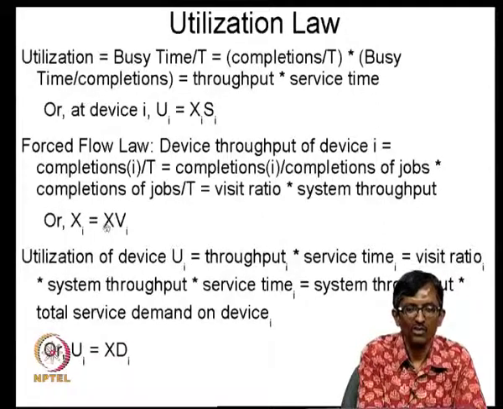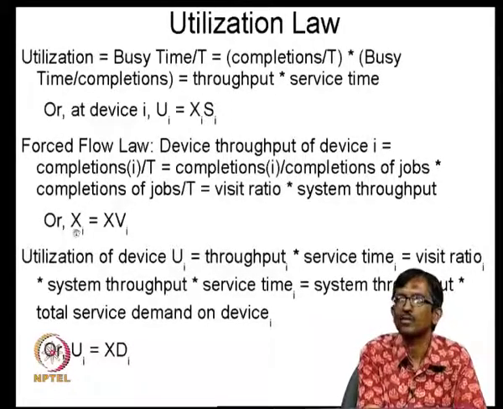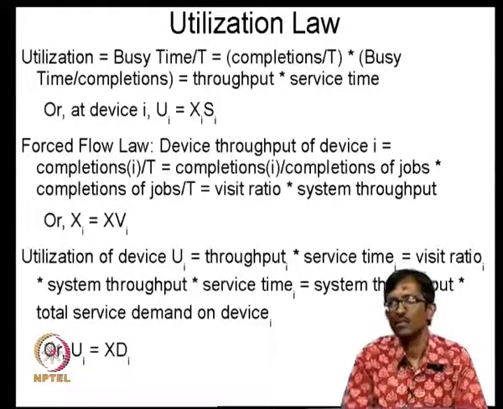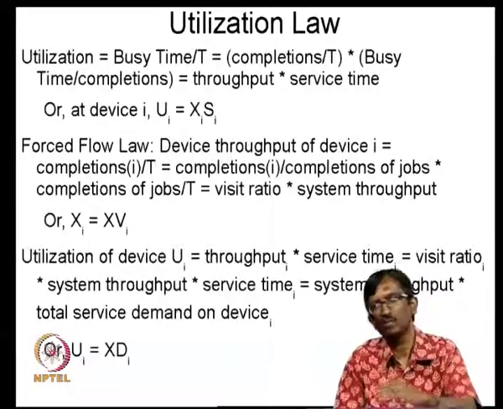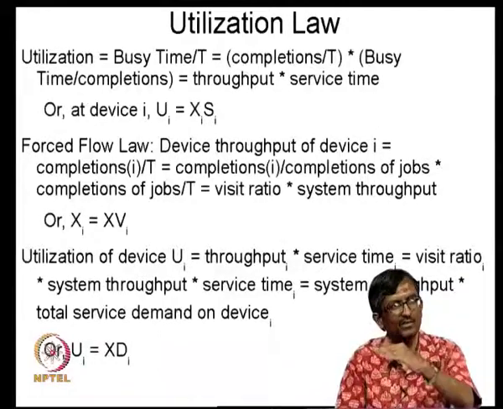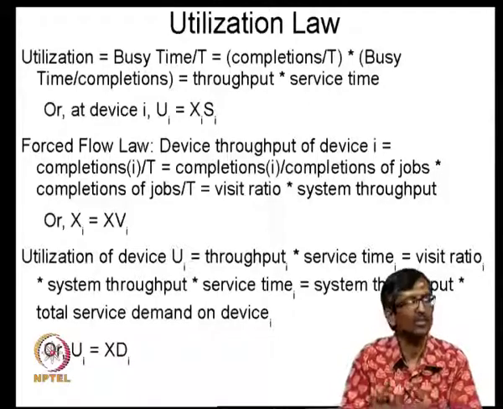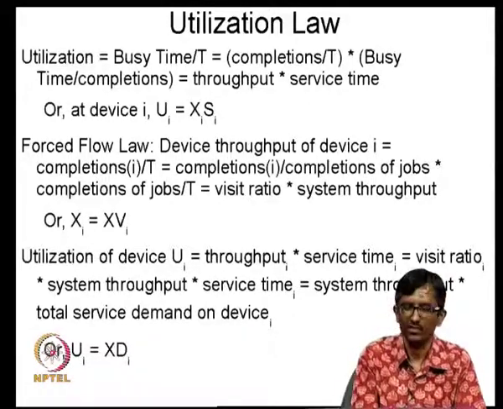If your system throughput is high, then you are not a bottleneck device, then your throughput will correspond to that same system throughput, how many times you are visited. For example, if I increase the throughput of a particular system, correspondingly everybody else in the system also has to increase their ability to process things. That is basically what it is.